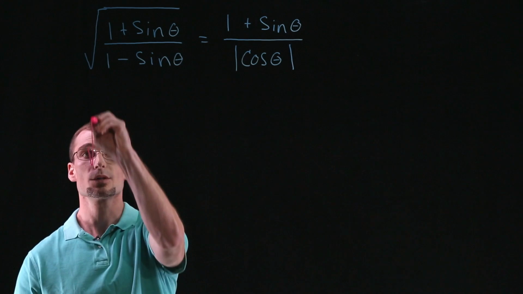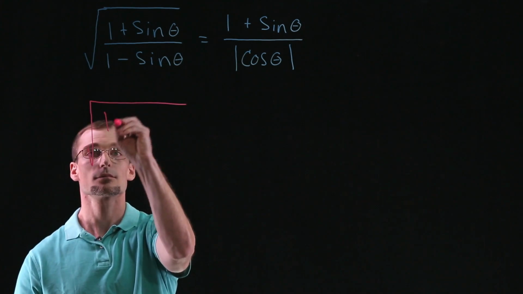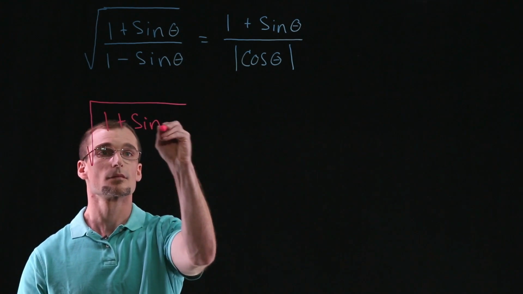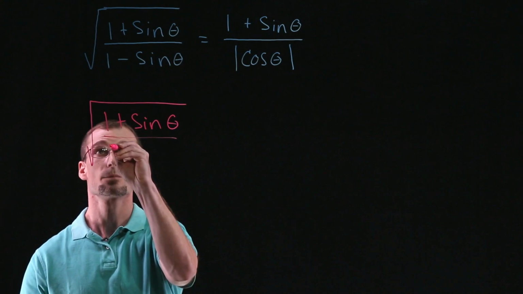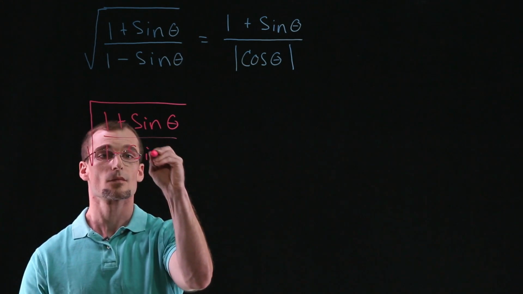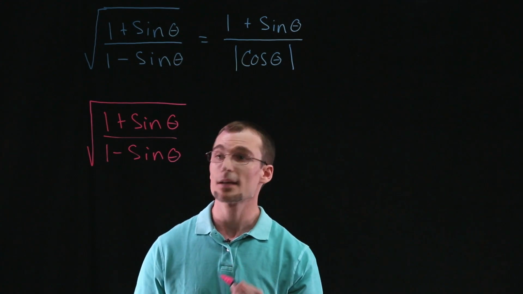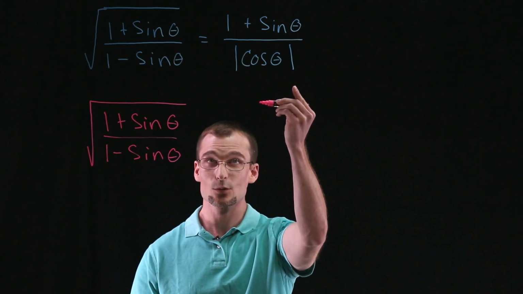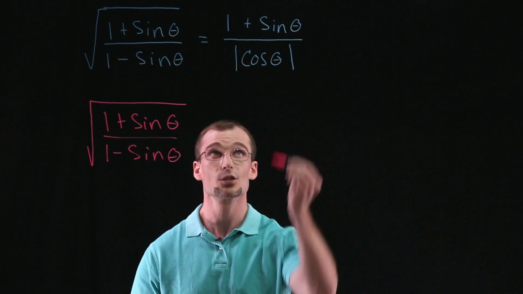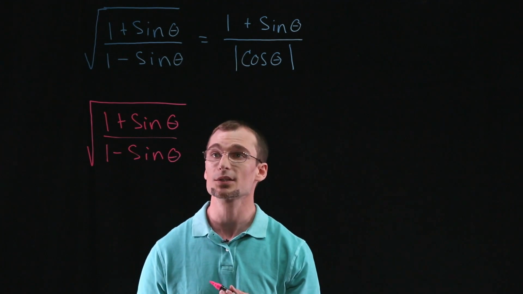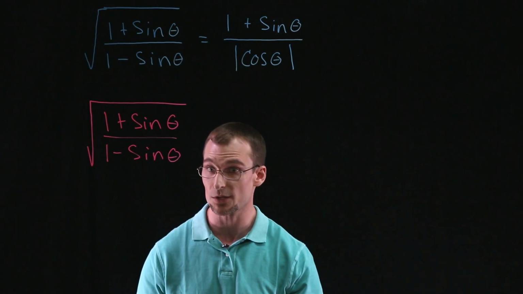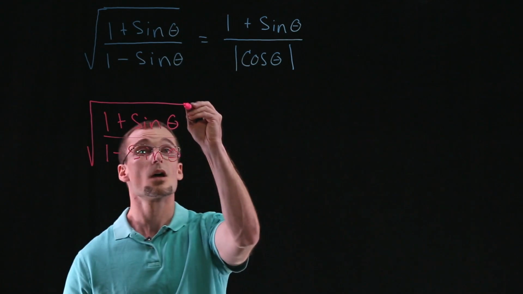So we'll take the square root of 1 plus sine theta divided by 1 minus sine theta, ignoring the absolute value of cosine theta for a moment and just working on getting the numerator 1 plus sine theta. We said if we take the square root of something squared, we get that thing back.